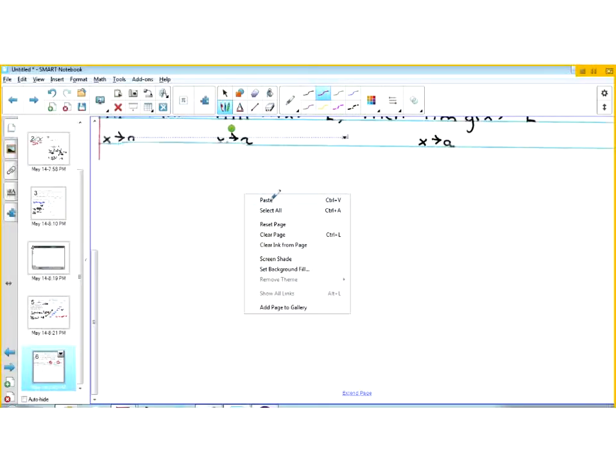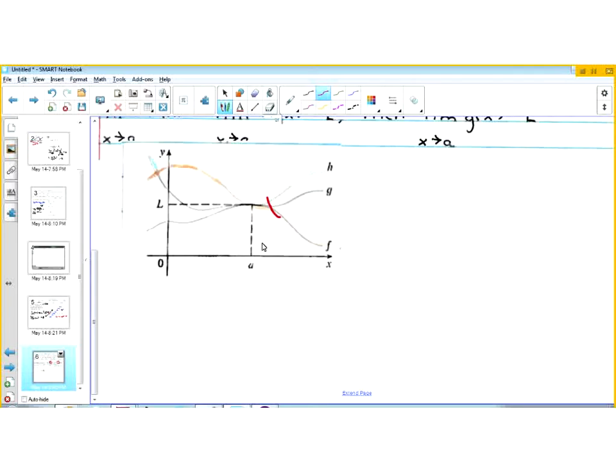Not paint. So an example of an application of the squeeze theorem would be this.